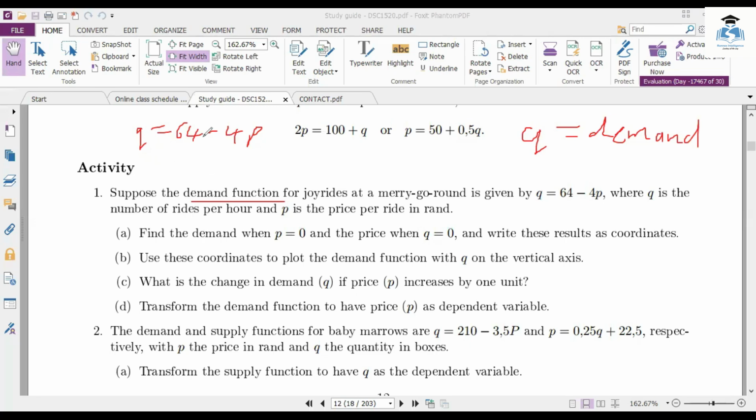So now Q is equal to 64 minus 4P. Now they are saying find the demand when P is equal to 0. So how do you do that? I would think in the first part, the demand when P is equal to 0 is going to be 64. That is my assumption.